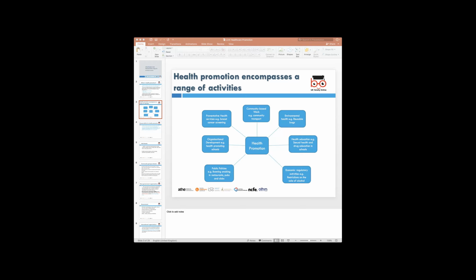Then in the last session, we looked at the external influence of bodies like the World Health Organization and the UN, and how they work with governments and services within different countries at a national and international level.